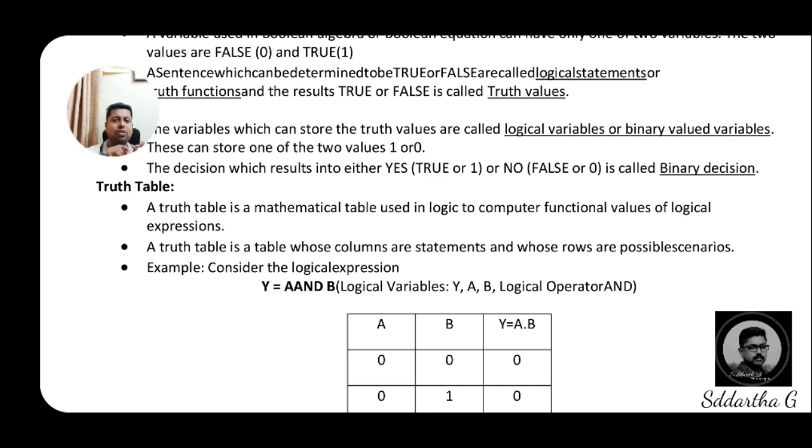A truth table is a mathematical table used in logic to compute functional values of logical expressions, or simply, a table which includes all possible inputs and produces a single output, a table or a column. This is what we call a truth table. Another definition: a truth table is a table whose columns are statements and whose rows are possible scenarios.